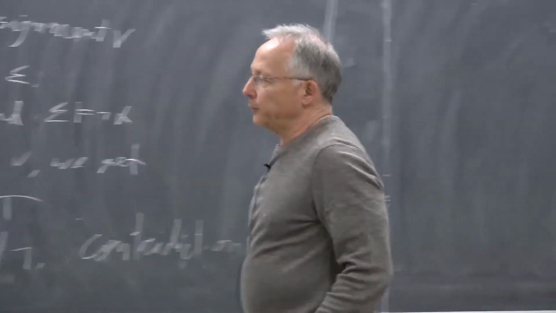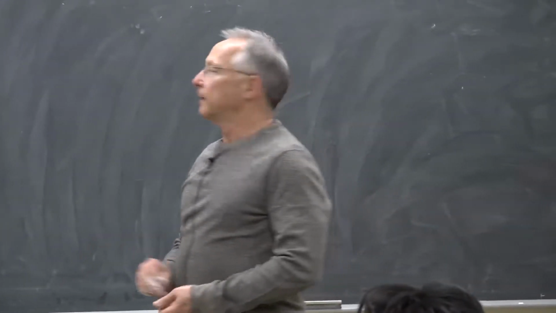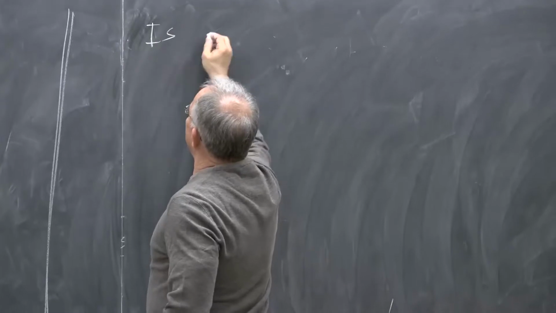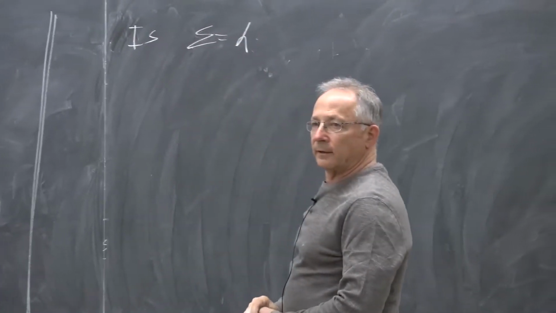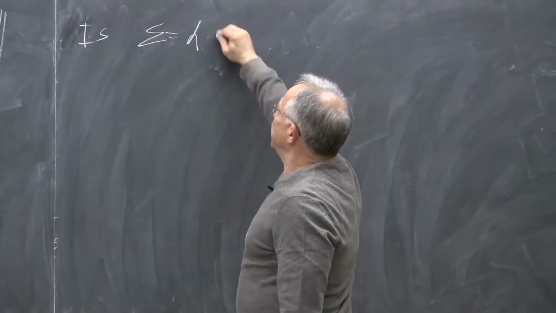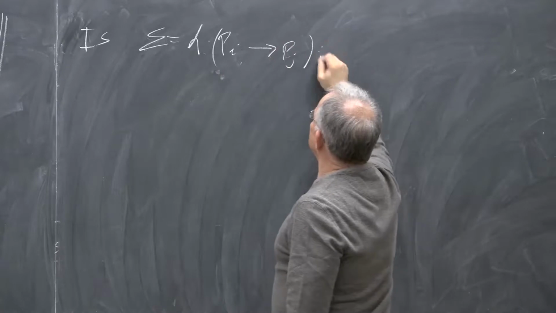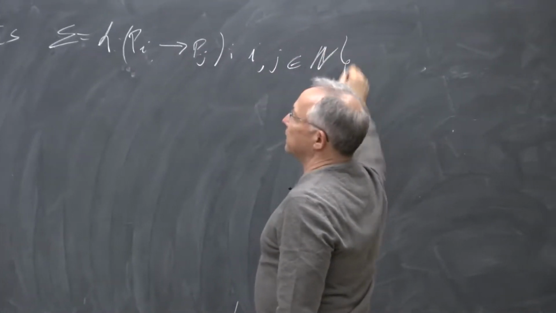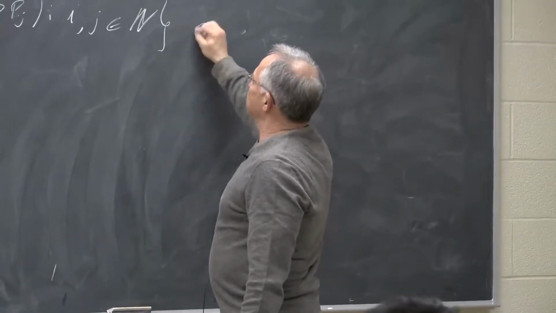So this is kind of useful because now if I ask you something, is the set sigma equals the set of all p_i arrows p_j such that i, j are natural numbers, is this set consistent?